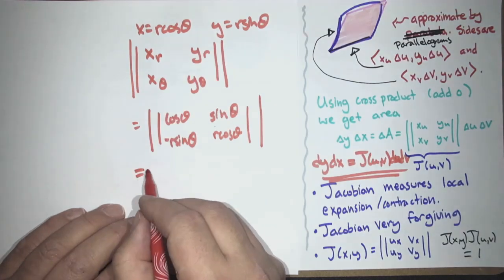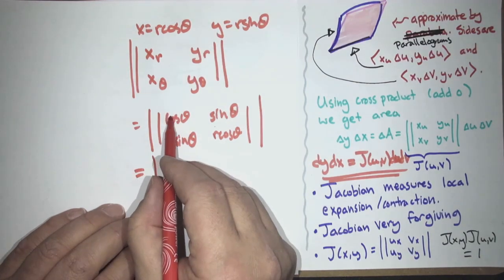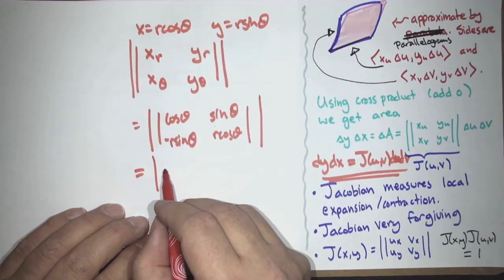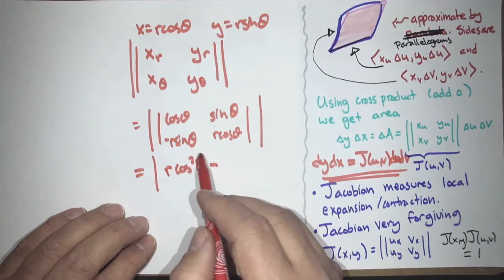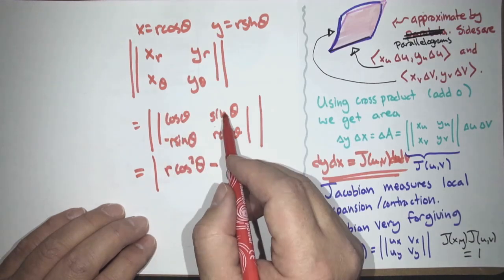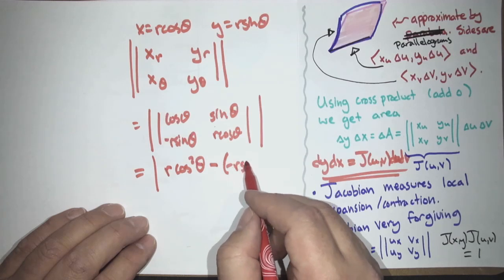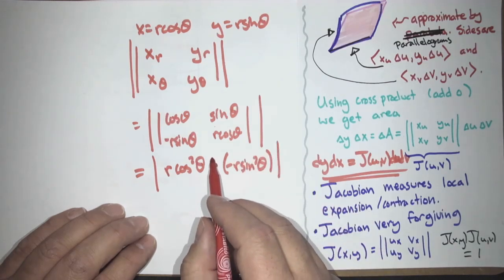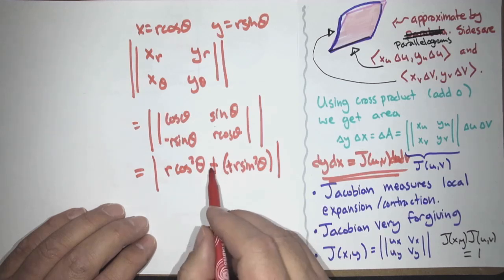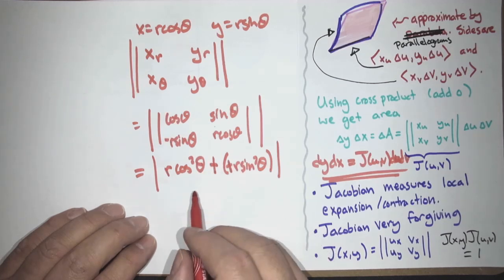Okay, take this determinant. We're going to do an absolute value here. Cosine times r cosine becomes r cosine squared. Subtract negative r sine times sine, negative r sine squared. Well, two negatives make a positive.